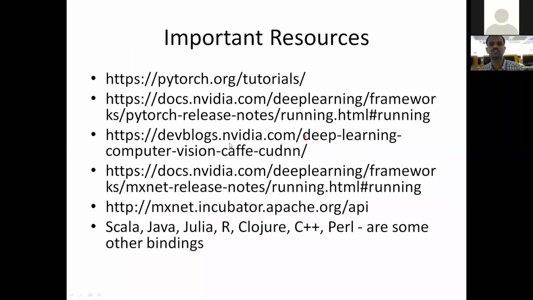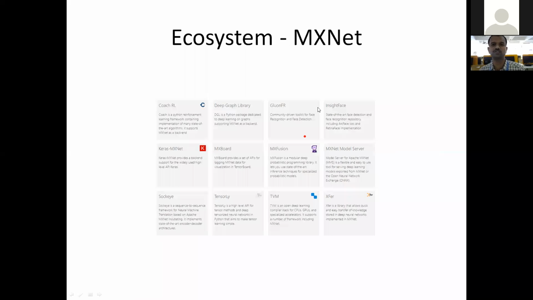This is the link where we study Caffe. Here we see MXNet. Here you see PyTorch. These are some of the other ecosystem projects that we observe in MXNet. You have Coach RL, and you have Deep Graph Library here. All these are very useful. If you want face recognition or face detection, you can use Gluon FR.